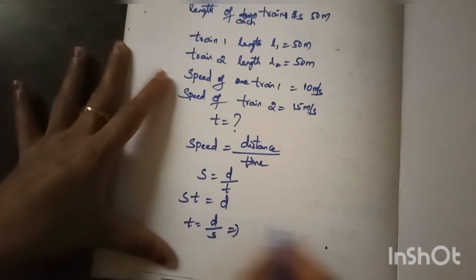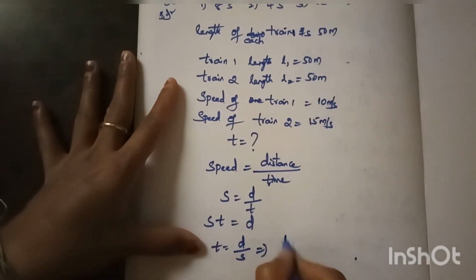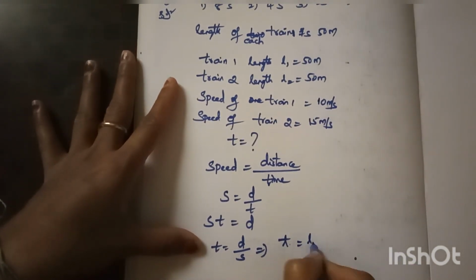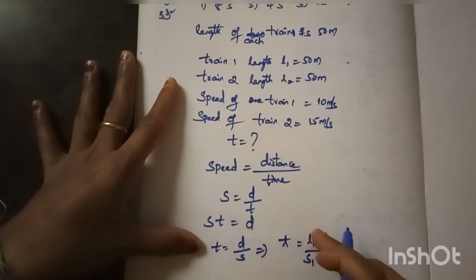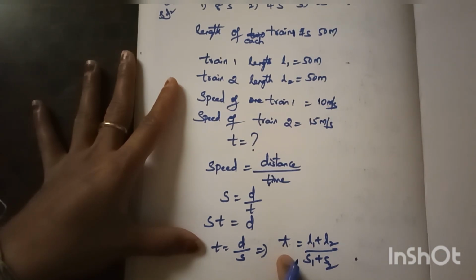So what is the distance of the trains? t equals L1 plus L2 by S1 plus S2. Why are we taking this? Because they asked the time when the two trains move parallel to each other.